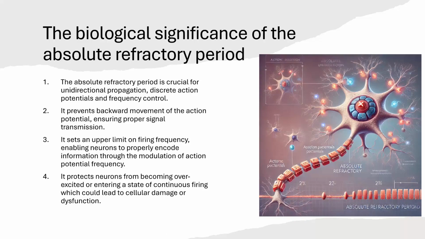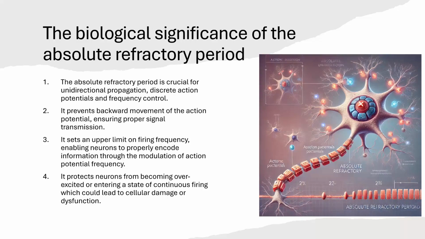Now, the absolute refractory period is very important because it ensures unidirectional propagation, discrete action potentials, and frequency control. It prevents the backward movement of the action potential, ensuring proper signal transmission.